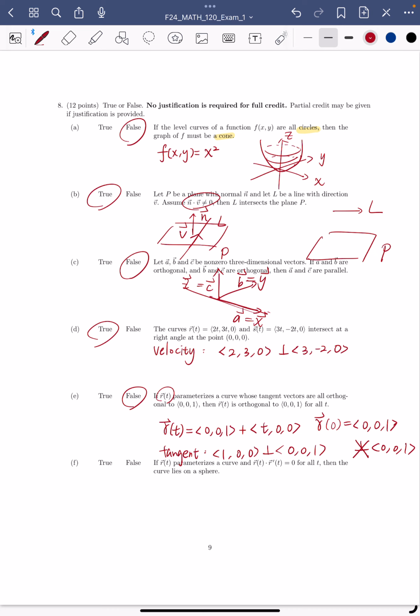Now, if r of t parametrizes a curve and satisfies r of t inner product with r prime of t is 0 for all t, then this curve lies on a sphere.